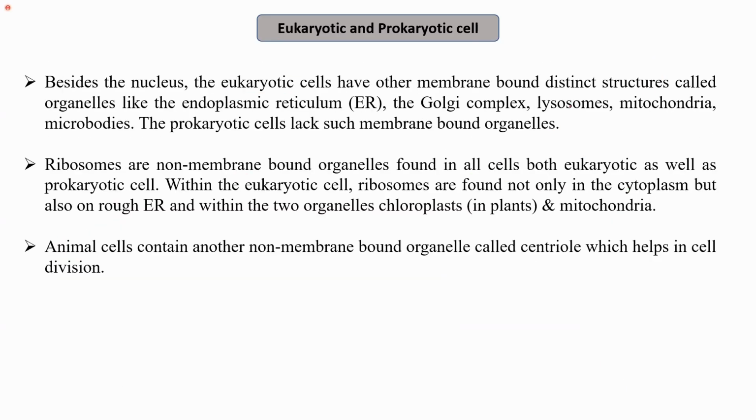So besides the nucleus, eukaryotic cells have other membrane-bound organelles. This point is really important: membrane-bound distinct structures called organelles like ER, Golgi complex, lysosome, mitochondria, and microbodies are present, while the prokaryotic cells lack such membrane-bound organelles.